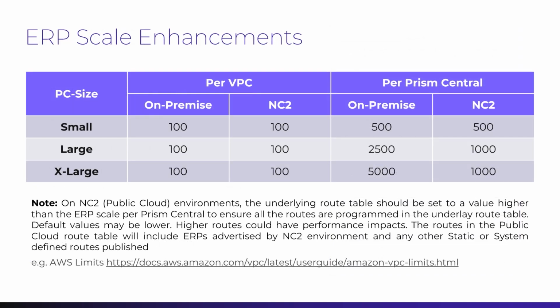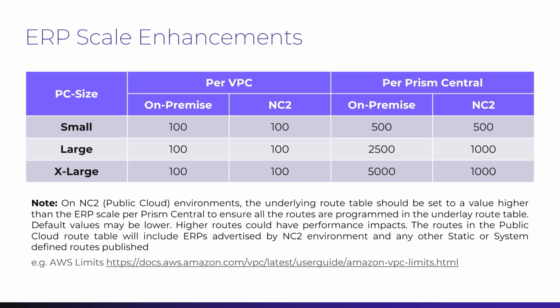But wait, there's more. With all the great features we've just talked about, we've also increased our ERP scale limits for Flow Virtual Networking. We've made a 10x improvement in the supported number of ERPs per VPC. In the previous version, the number of supported externally routable prefixes we could scale to per VPC was 10.